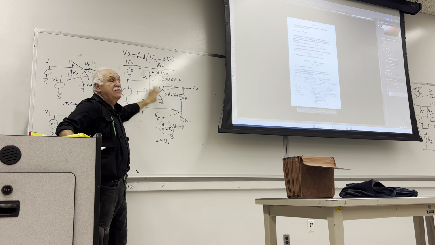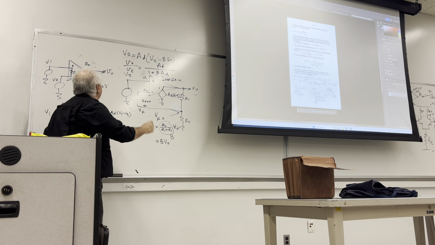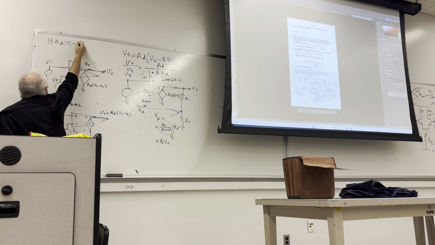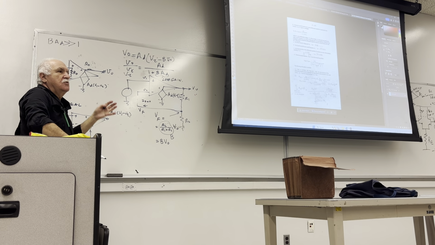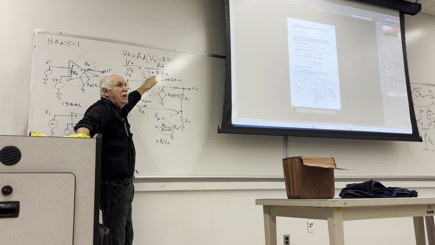If you build an amplifier, one of these differential amplifiers, so that BAD happens to be much, much greater than 1, like 100 or even more. Then look at the formula, what will happen?